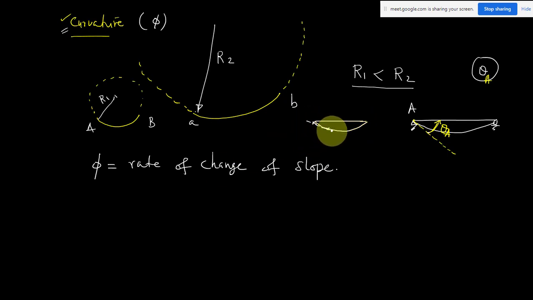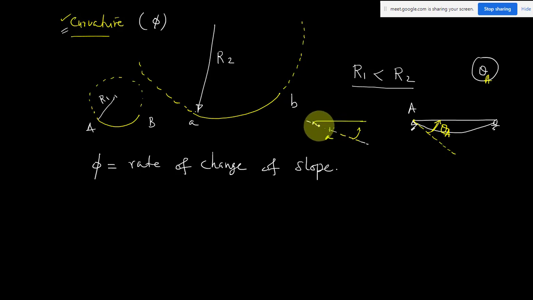Same procedure: draw a tangent at that point, then draw a horizontal at that point, then you measure theta from the tangent to the horizontal. This is theta at this point, so that is your slope.